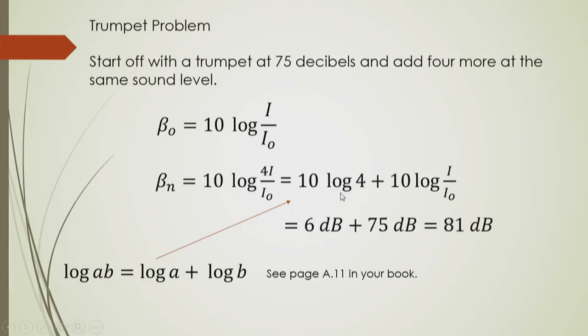So it's 10 times log 4. And that's going to increase by 6 decibels. So even adding 4 trumpets, we go from 75 decibels to 81 decibels. And then you can review those logarithms in Appendix A11.